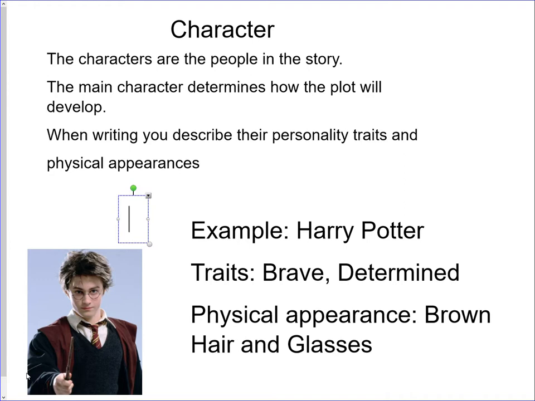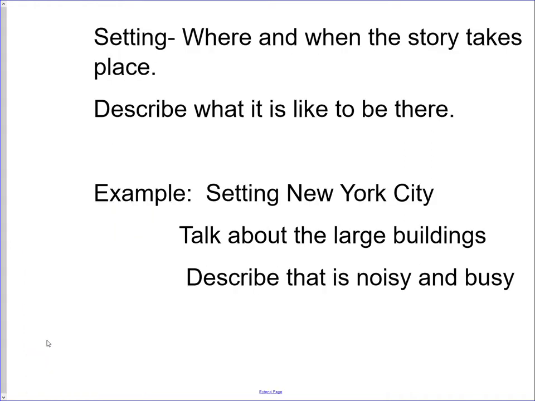Our next term is setting. It's where and when the story takes place. When you're writing this, it's also something you should do in the beginning of your story: you want to describe what it's like to be there. So for example, if we're talking about New York City in present day, we would talk about the large buildings.